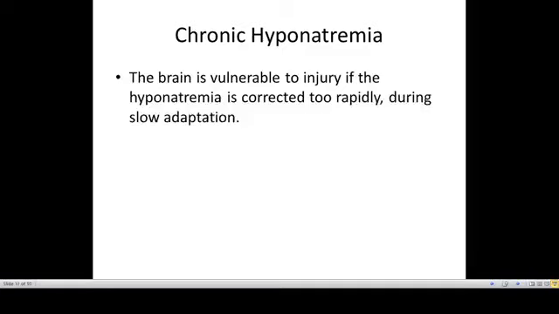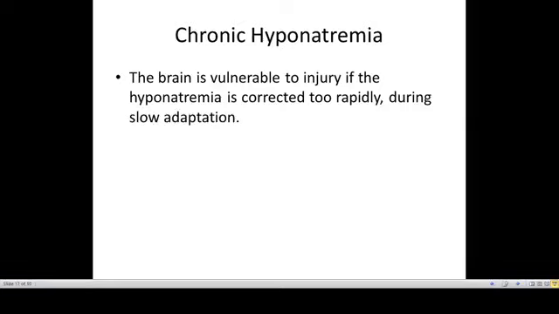Now, at this point, there is an important clinical consideration that you should keep in mind. The brain is vulnerable to injury if chronic hyponatremia is corrected too rapidly during slow adaptation.